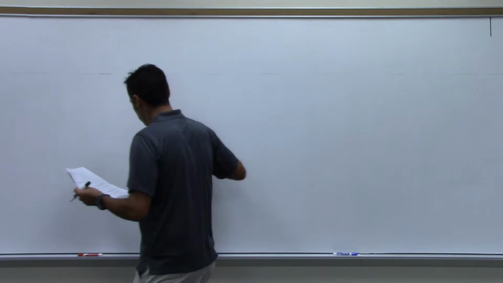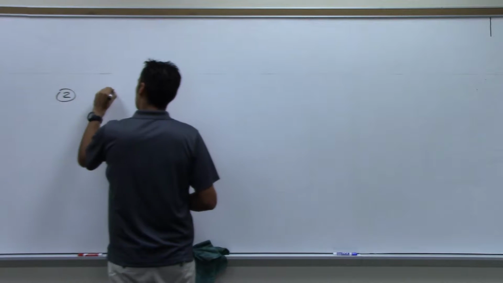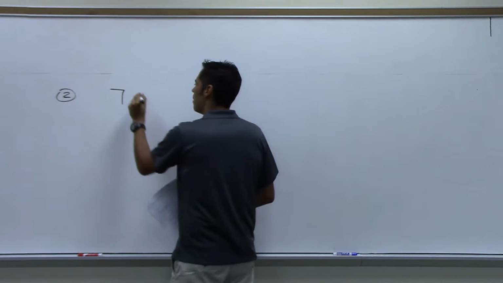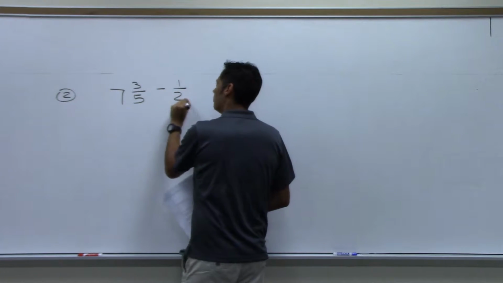You want to try number 2? Okay. Try number 2, which is 7, a mixed number, 7 3/5 minus a half.